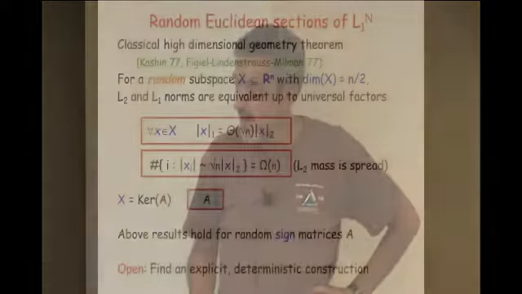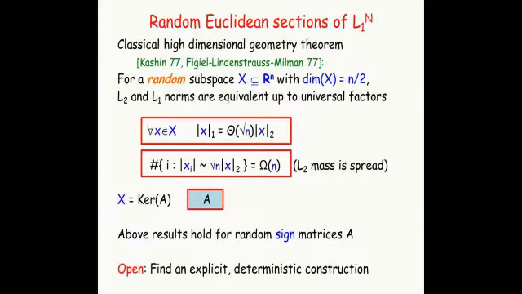So you can describe such a subspace concisely: a random plus minus matrix, look at the kernel, and it has this property. That works for most random sign matrices. The big open problem here, and you should work on the open problems at the end, is to find explicit matrices of this type, like explicit spherical cubes.